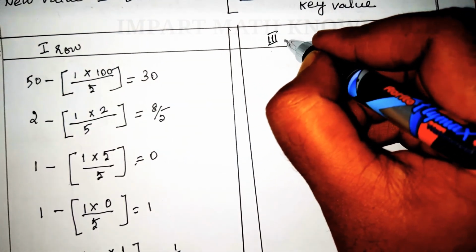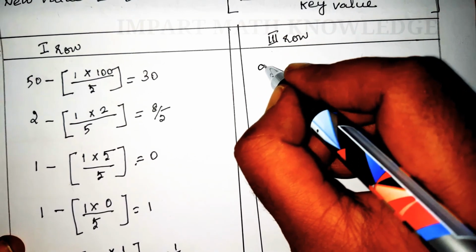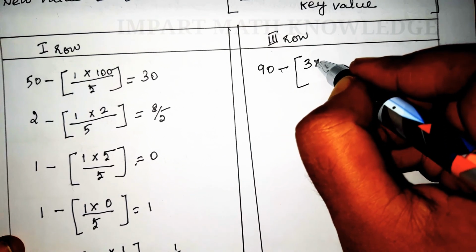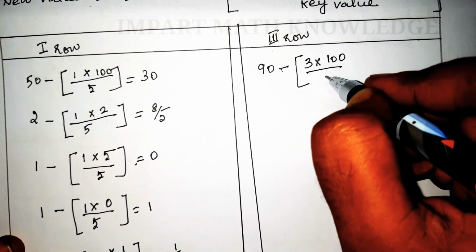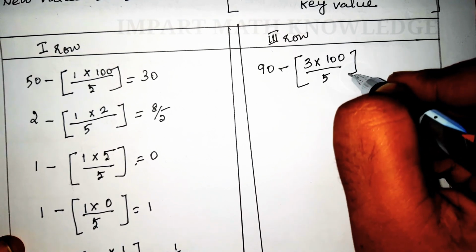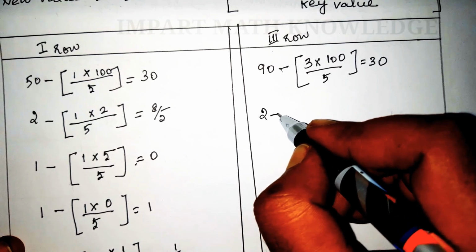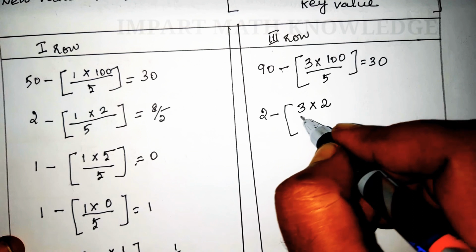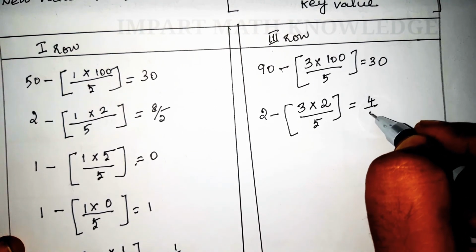Third row, the first value is old value minus key column value into key row value divided by key value, that is 30. Second value is 2 minus key column value into key row value divided by key value, that is 4 by 5.